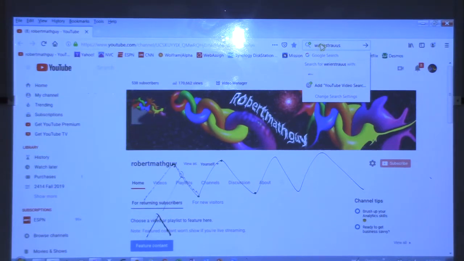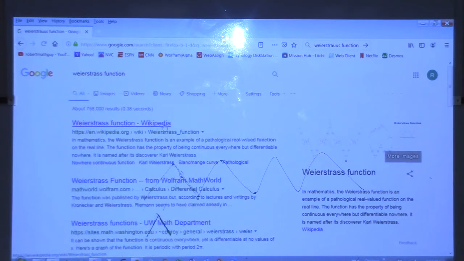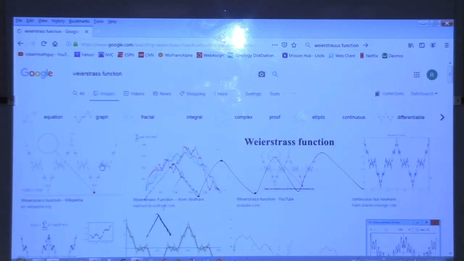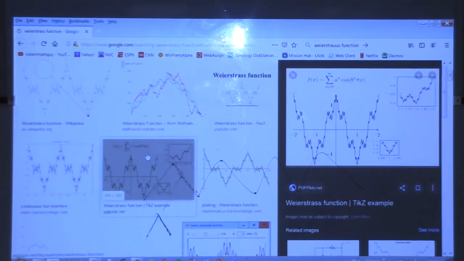I think I misspelled it. Who cares? Google is smart enough. There it is. That's kind of a better picture, I think. This picture right here is a picture of the Weierstrass function. It's all these jaggedy edges, but I want the actual function. So there it is.